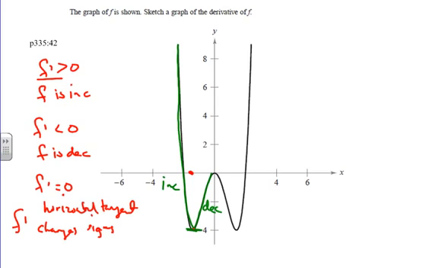And since this is increasing here, that means f prime should be positive. So I'm going to make this positive graph right here. Then it's going to go to negative to the next value. Well, right here we see that it changes signs again, so this must be where we have another 0. So it must go like this. And then we see that it's going to be negative. Then it, once again, is going to be decreasing, and it's going to be negative again.